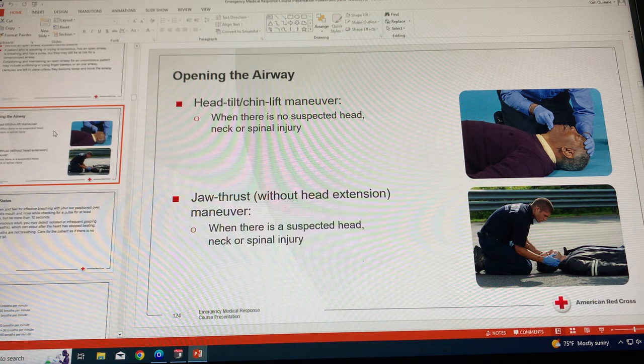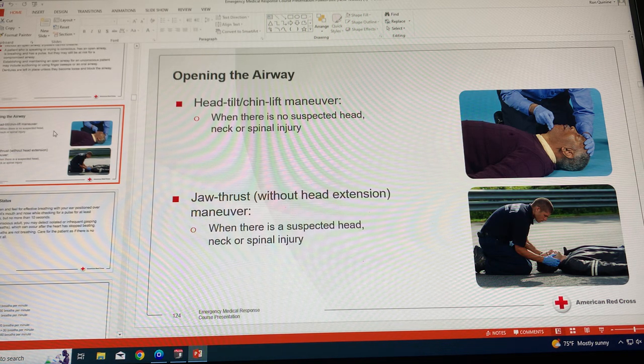To open the airway with the head tilt chin lift maneuver, kneel beside the patient's head and neck. Place one hand on the patient's forehead. Place the fingertips of 2 or 3 fingers of your other hand under the bony part of the patient's lower jaw near the chin. If the patient is a child or an infant, use only 1 or 2 fingers.